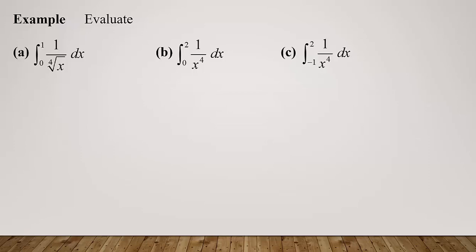In B, we're going to integrate from 0 to 2, 1 over x to the 4th dx. And in C, we're going to integrate from negative 1 to 2, 1 over x to the 4th dx. So get this written in your notes. I'm going to head off to the chalkboard to do it. And you'll see when I do A and B, if I do a quick sketch of a number line, it tells me exactly what the limit statement should be. But here I go to the chalkboard to work through it.